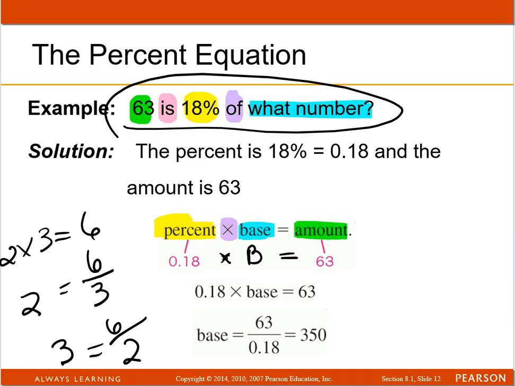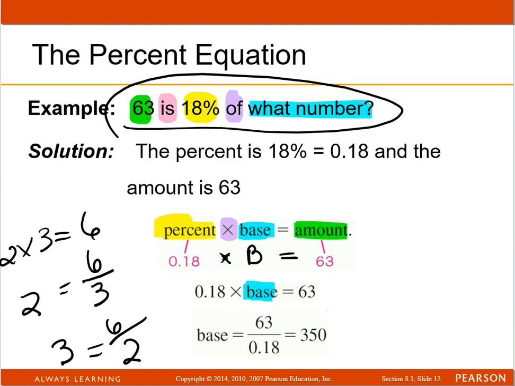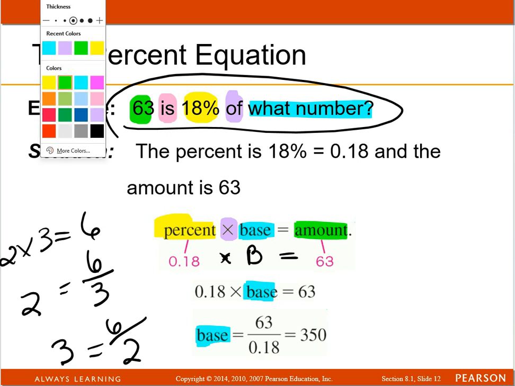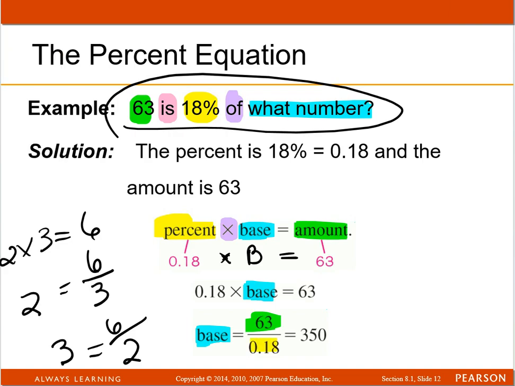So if I'm looking for the base, all I have to do is take the amount of 63 and divide it by the percent, which you have to change into its decimal form before you divide. And then when you divide, you get 350.